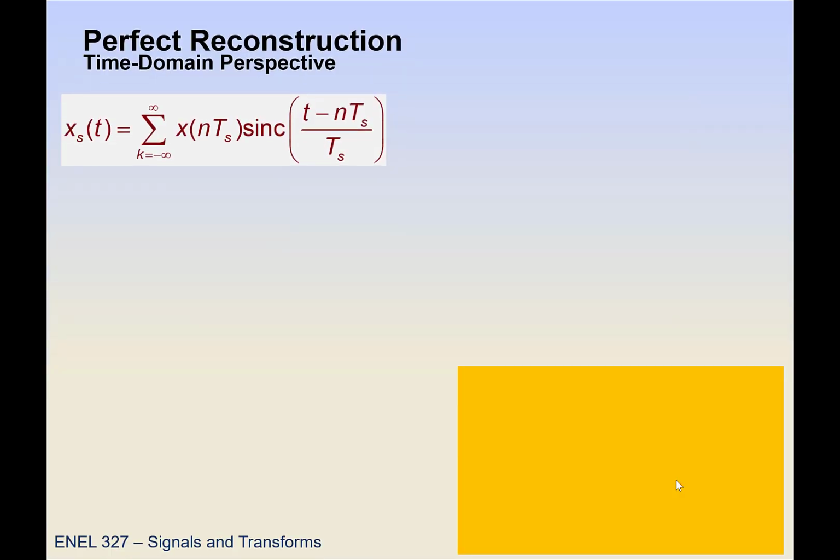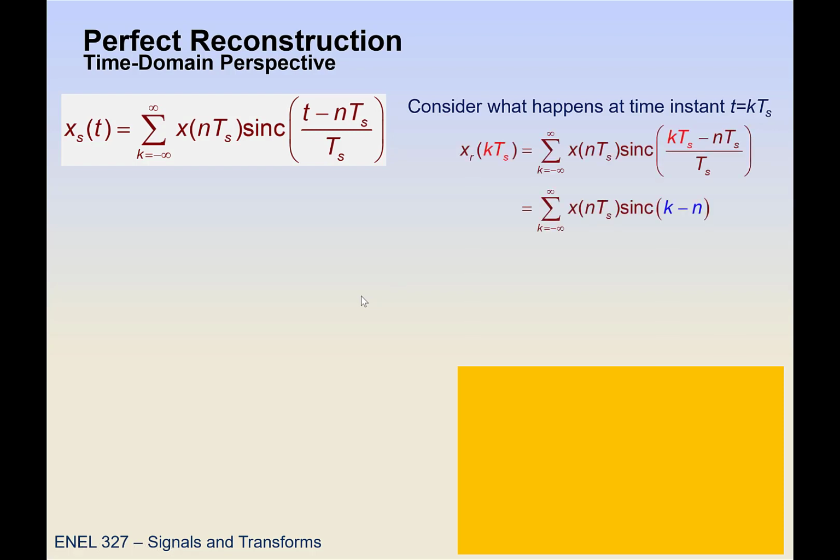Let's think about that a little bit more. Consider what happens to this. This shouldn't be x of s, this should be x of r. Let's consider what happens for this reconstructed signal at instants t equal to k times Ts.